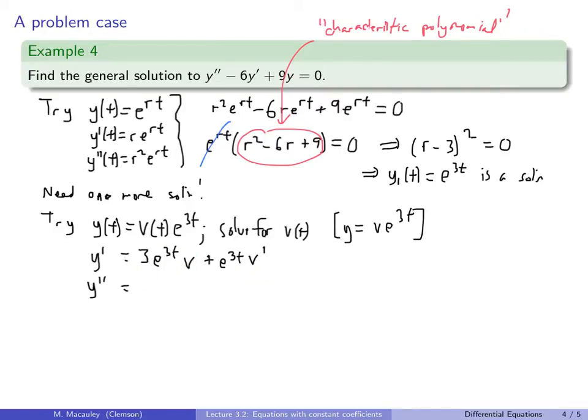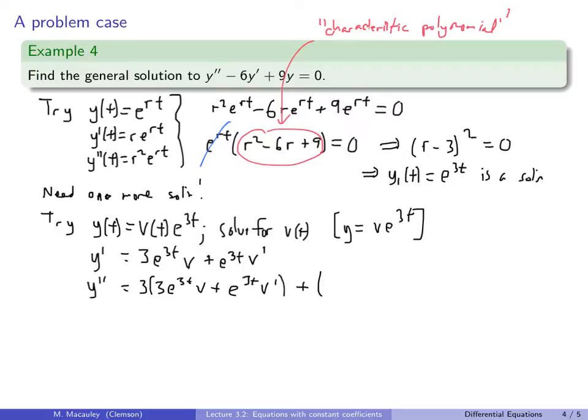So that's 3 times 3e to the 3t v plus e to the 3t v prime, plus, now we've got to take the derivative of this, also using the product rule.